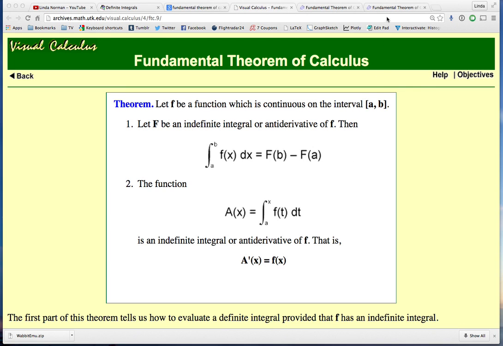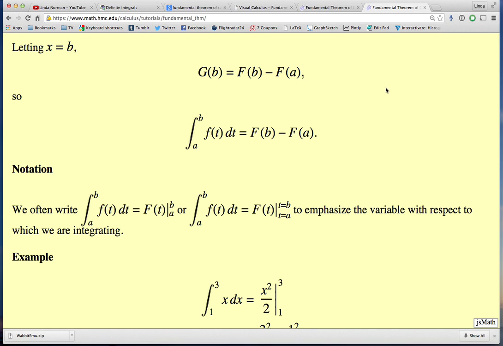Now there's some notation that goes along with this, and the notation I want to look at is right here. We have the notation for the definite integral. And what we do is we take the antiderivative, and you use this little vertical bar with the bounds to say that we're going to evaluate it at a to b.